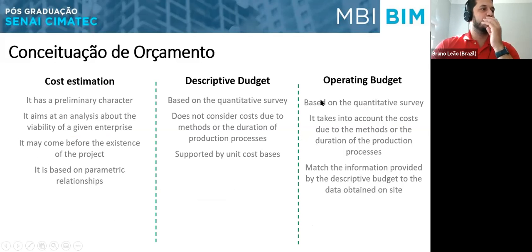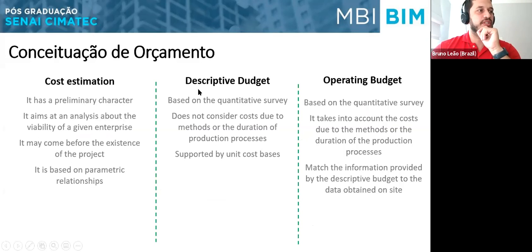And to resume all the thinking about construction, when we talk about budget, when we talk about cost estimation, it has a preliminary character. It aims at an analysis of the viability of a given enterprise. It may come before the existence of the project, and it's based on parametric relationships.